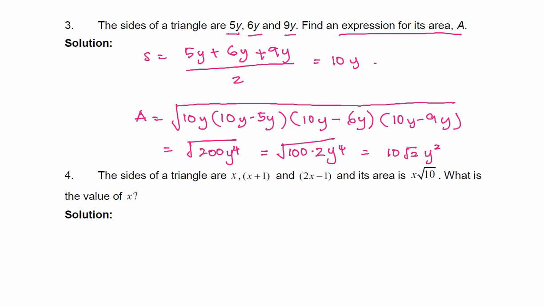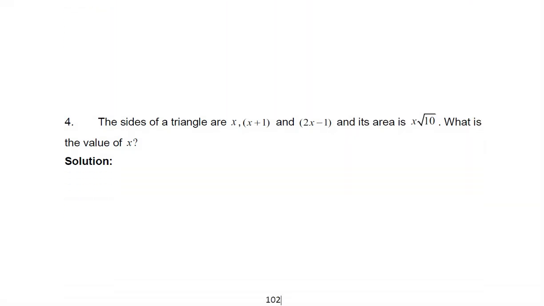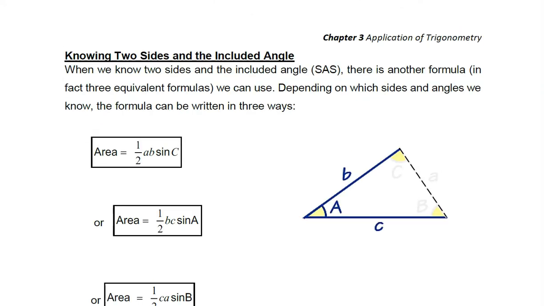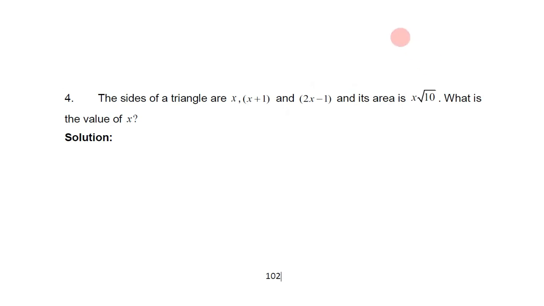Okay. So I proceed to the next example. So the sides of the triangle are x plus 1 and also 2x minus 1.